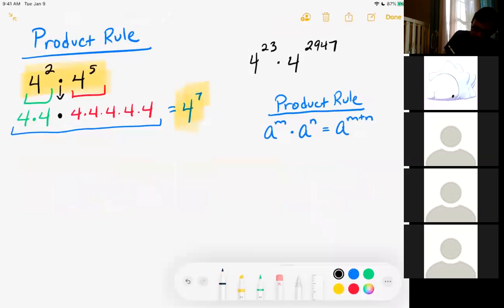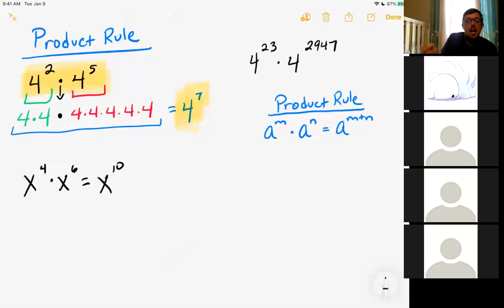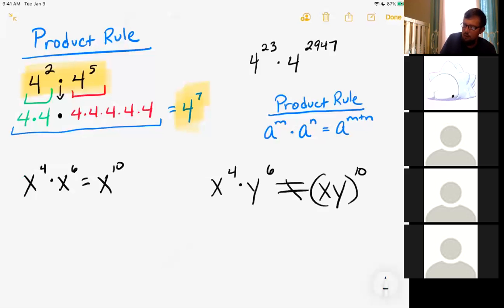So if I had like x to the 4th times x to the 6th, that one wouldn't be a big deal. That would be x to the 10th. But if I gave you x to the 4th times y to the 6th, that is not equal to xy to the 10th or something, however you want to write that.